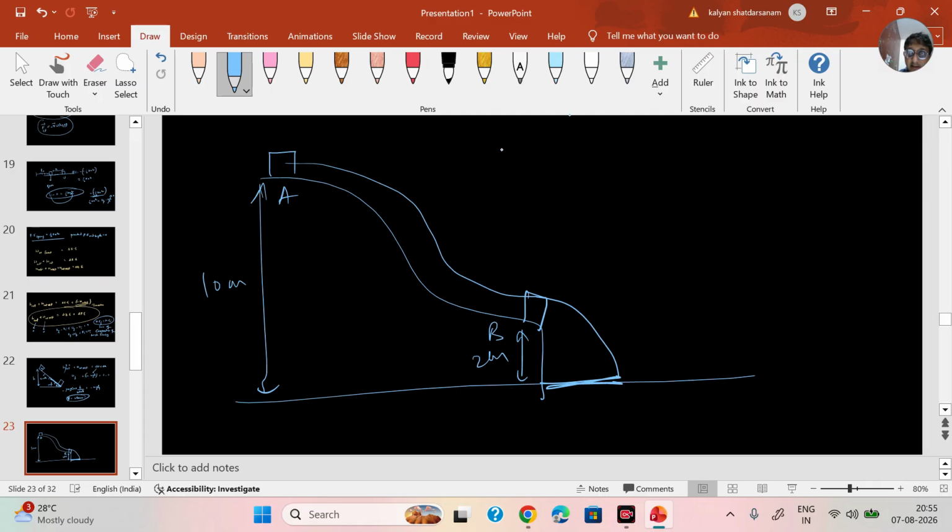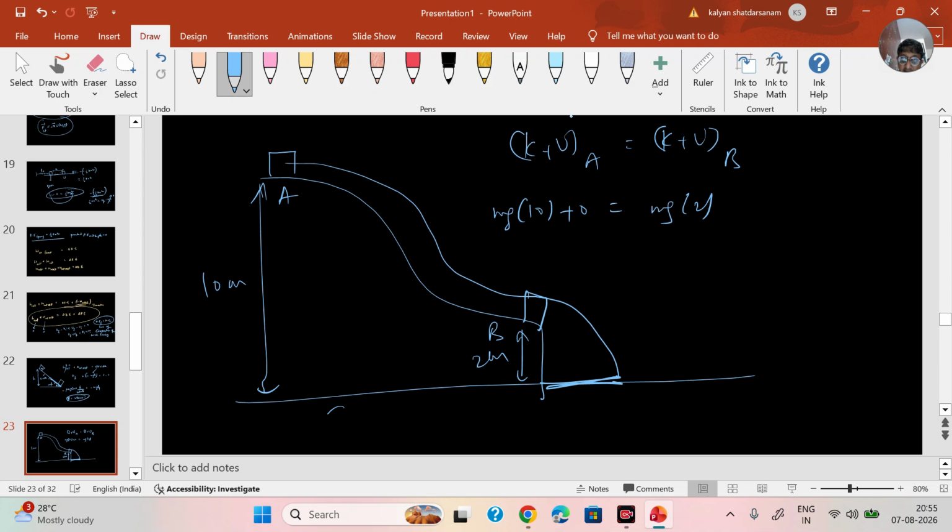So external forces don't do work. There is no external force. Internal non-conservative force normal doesn't do work. So mechanical energy is conserved. That means potential plus kinetic, K plus U, is constant. So I can write K plus U at point A equal to K plus U at point B. Potential at point A is mg10, kinetic is 0. Potential at point B is mg2.